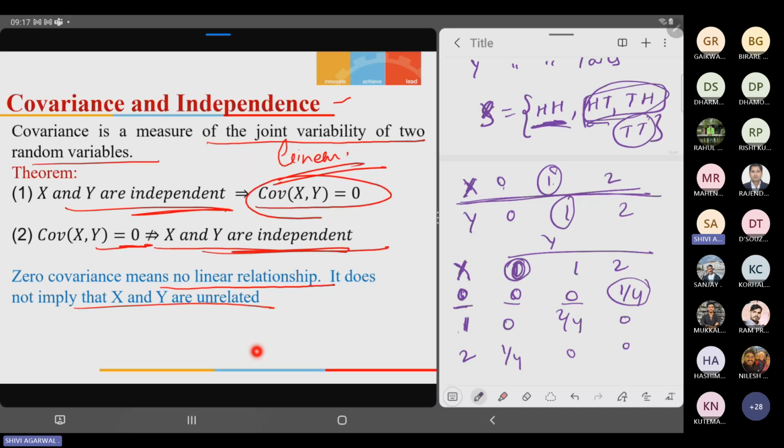They may be related, we don't know. If covariance is 0, we can't conclude whether they are dependent or not. But definitely if they are independent, the covariance will always be 0 here. Mutually exclusive, no, we are not using this concept of mutually exclusive here. That is a different concept. Here it is independence, not mutually exclusive.